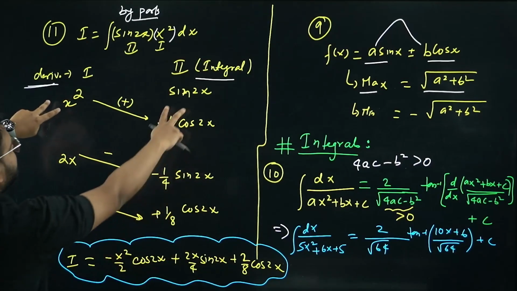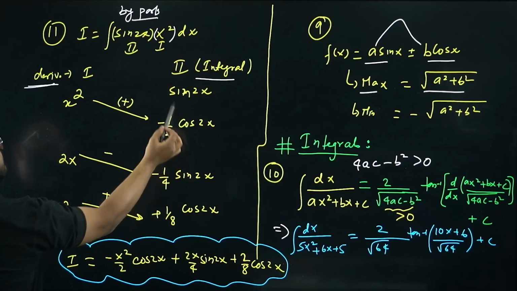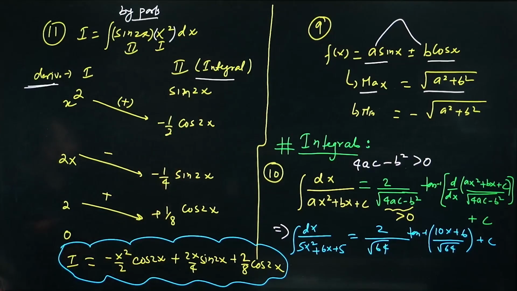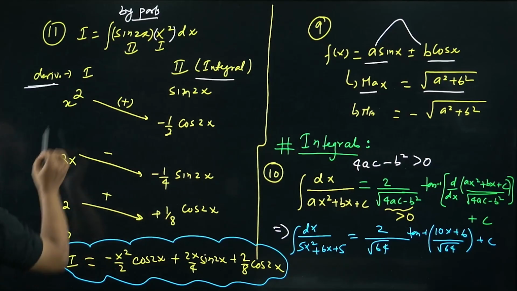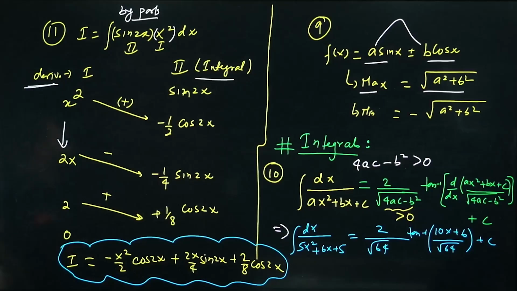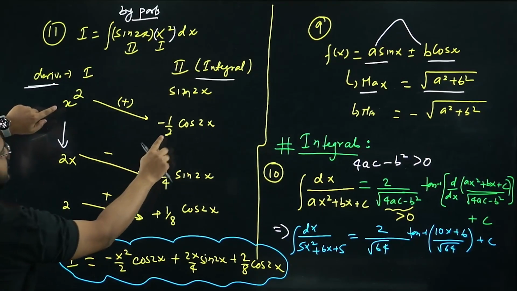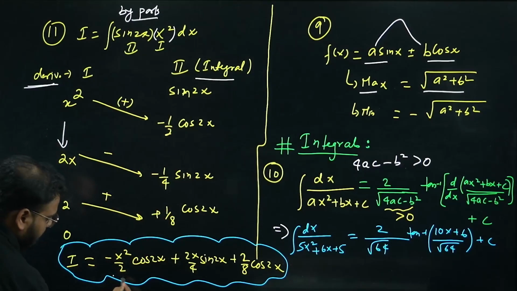So first write the functions like this, and start. First integrate this: sin 2x becomes cos 2x by 2, and because there will be a minus sign, minus cos 2x by 2 is the integral of sin 2x. And x square will become 2x. And you write the plus sign from here to here. Why, sir? Because you have to multiply this. Minus 1 by 2 into x square cos 2x, that's your first term.